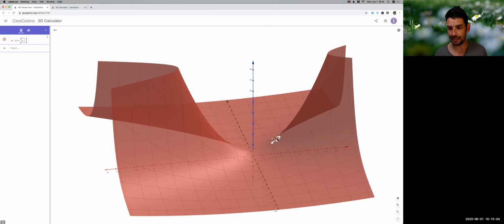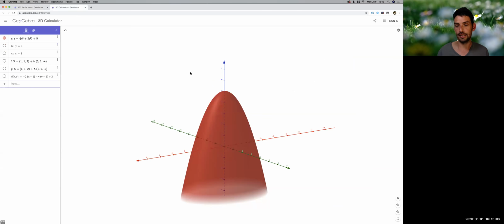All right, let's take this idea just a little bit further with a different example. Here is the function, this is z equals 5 minus x squared. Actually, let's just do it a little easier: 5 minus x squared minus 2y squared.